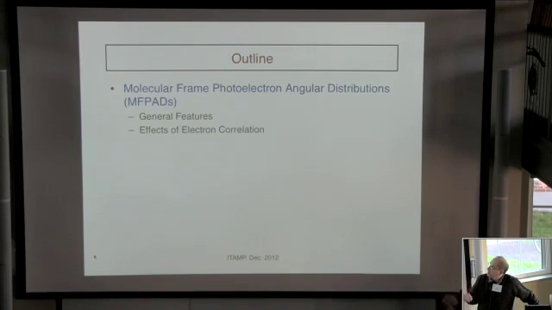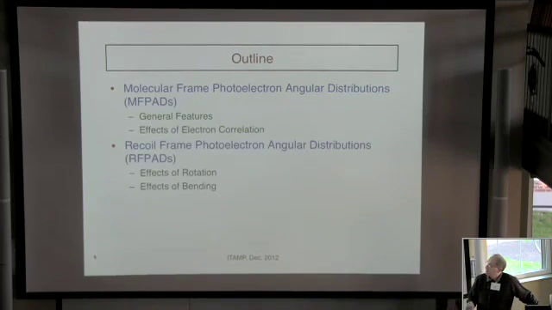So I'm going to talk a little bit about the general features. What do you expect in terms of these molecular frame angular distributions? I'll look a little bit at the level of calculation, what kind of effects you see with more electron correlation in the calculation. Then in many of these experiments, if you only have partial alignment, or if you're doing a coincidence measurement, depending upon the molecular fragment, there are other things that can occur.